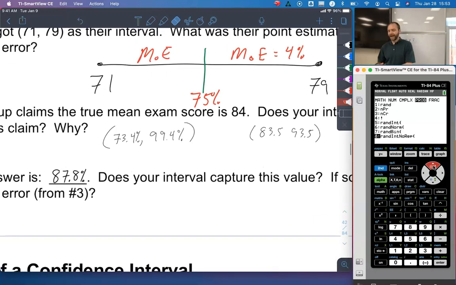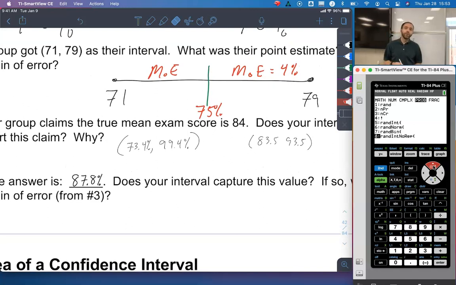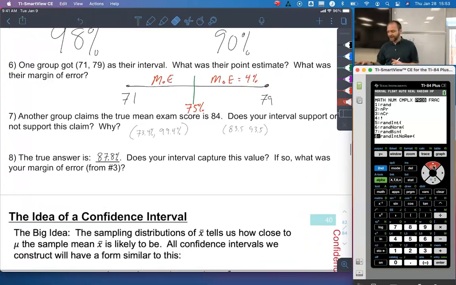Who captured it? Well, they both did. One of them had a smaller margin of error. One of them's margin of error was 5%, 83.5 to 93.5, but one of them had a larger margin of error. They were more likely to capture it because they allowed 13 percentage points left and right. The 83.5 to 93.5 was less likely to capture it in a way because it was so much smaller.